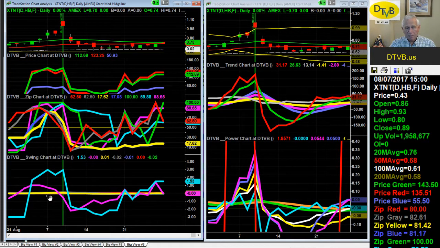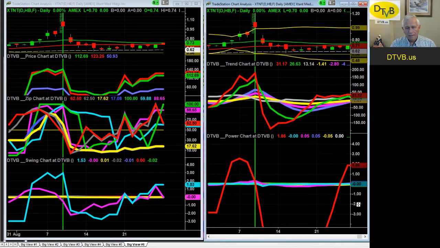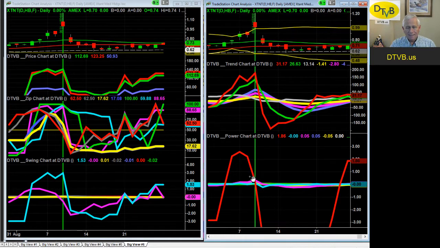So that's a second piece of divergence. If we go over here to power red is down and trend red is up. That's a third piece of divergence. And so with that in mind, we have enough divergence there to identify with the fact that we highly suspect or anticipate that the day after this vertical green line, it will gap down.